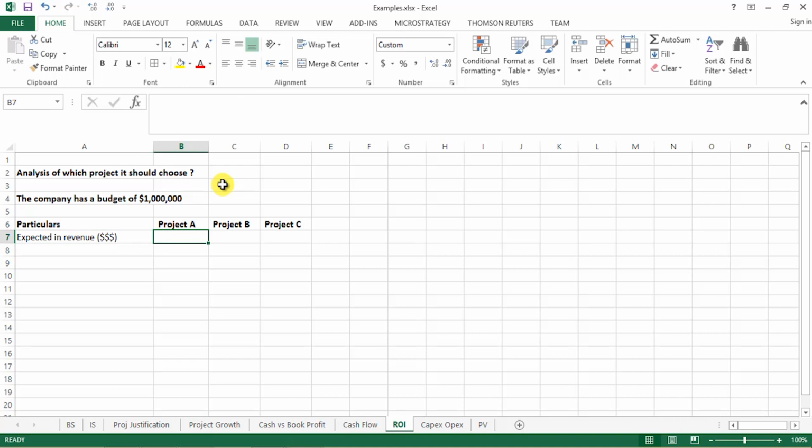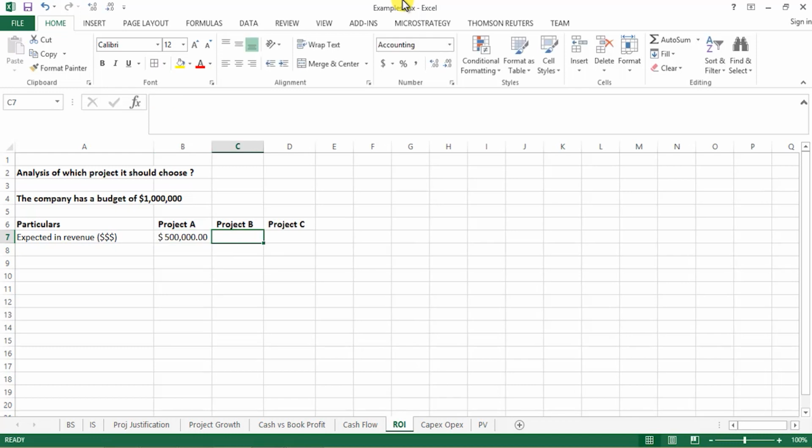By undertaking project A, let's say the company expects to have an increase of $500,000. Sorry, 500,000. By undertaking project B, the company expects to have an increase of 5.5 million. And by undertaking project C, it goes for a $700,000 increase. Now this is the expected increase in the revenue.